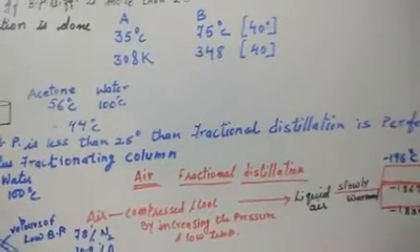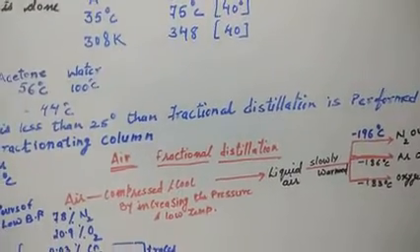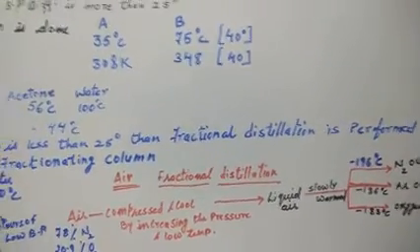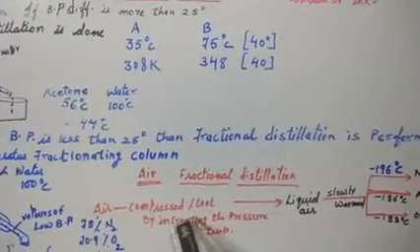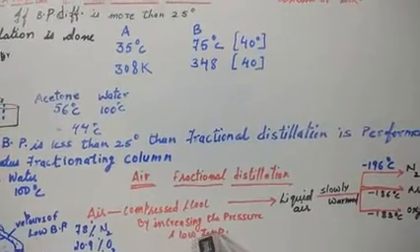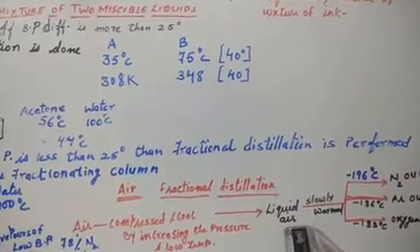Like at home you are using LPG. What is it? Liquefied petroleum gas. So here also we are liquefying this air, atmospheric air. So air gets converted into which form? Liquid form.